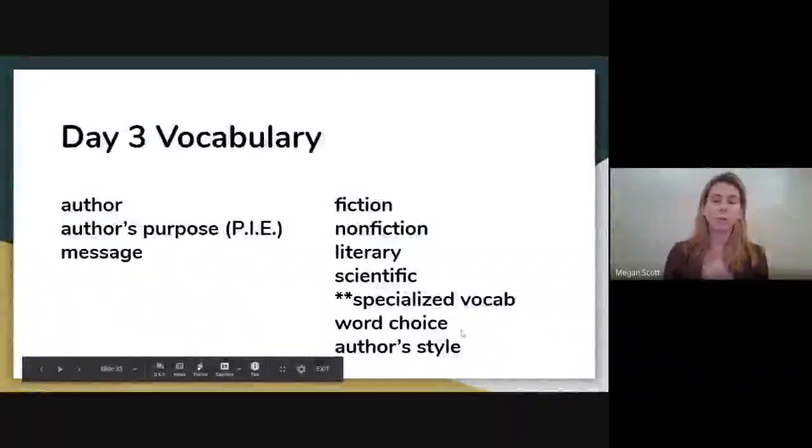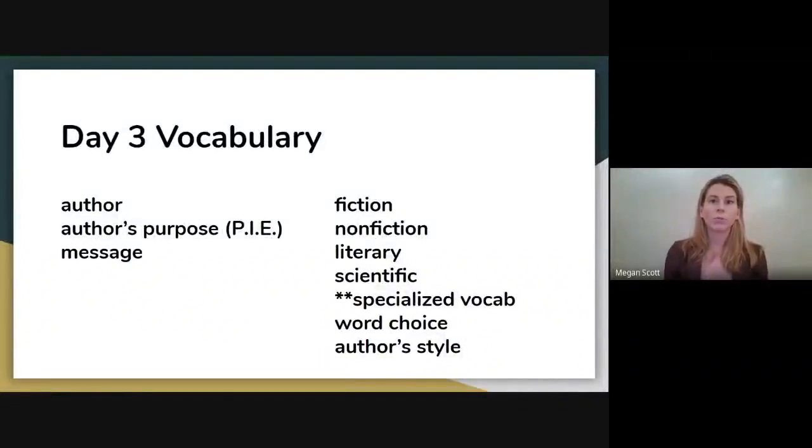Next, we have word choice. That's specifically selecting words over others. I always tell my students with word choice, there's a difference between saying an old person and the elderly. They're both the same thing, someone who is later in their years, but one has a different sound or feel to it. If I say old person, it's a little more negative in connotation.